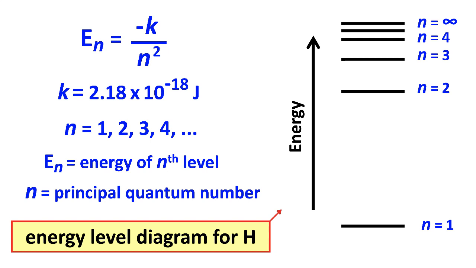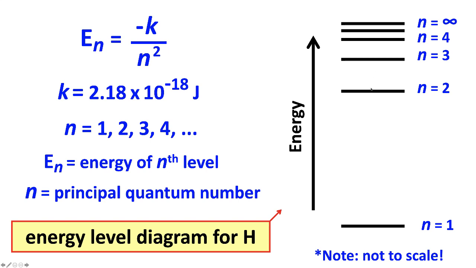Worth noting, this is the energy level diagram specifically for hydrogen. This equation works specifically for hydrogen. Other elements are much more complicated than this, but have similar conceptual basis. And also note, this is not quite to scale. The gap in energy from n equals 1 to n equals 2 is actually even bigger than it appears here.